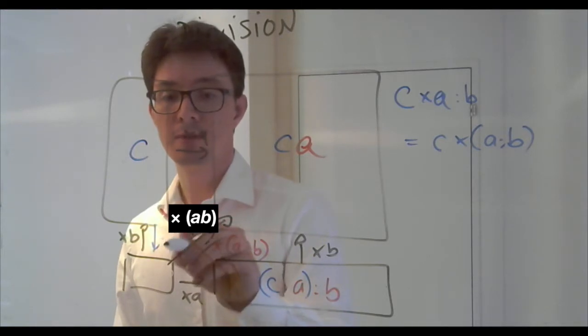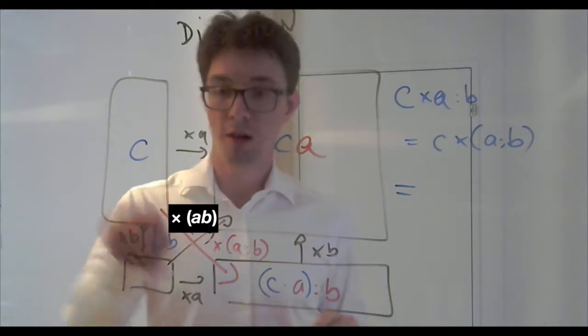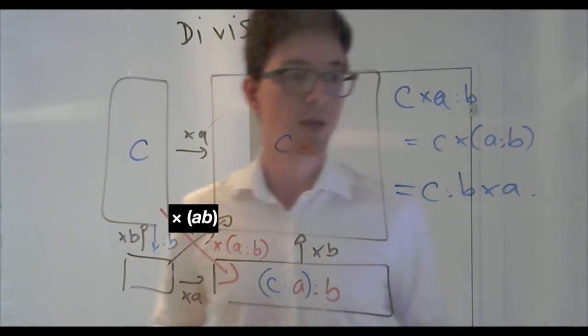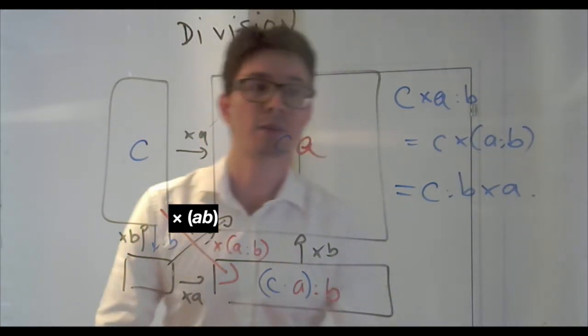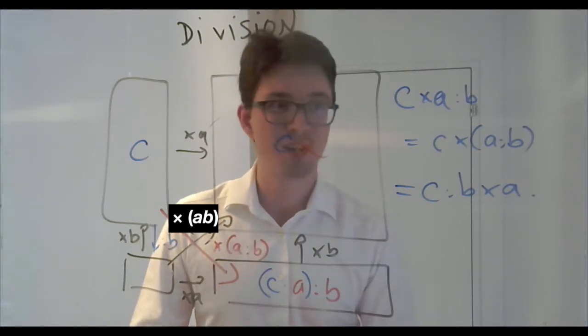We can first divide by B and then multiply by A. So this is also the same as C divided by B multiplied by A. So this is a direct consequence of associativity and commutativity of multiplication.